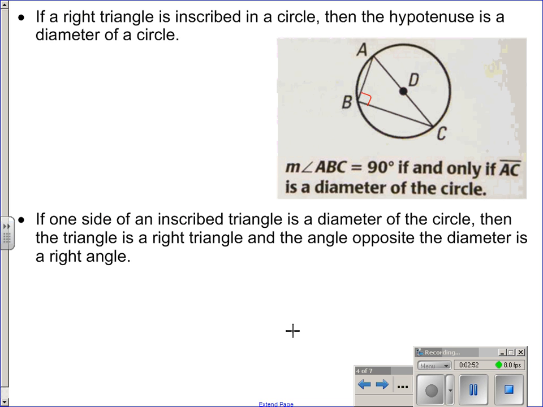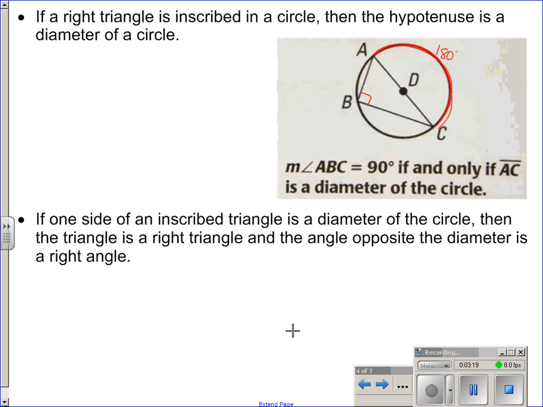Angle B is an inscribed angle, so it is half of its intercepted arc AC. If the angle is 90, that means this arc has to be 180. An arc that's 180 degrees is a semicircle, so AC must be a diameter. All right, that's the thinking there.